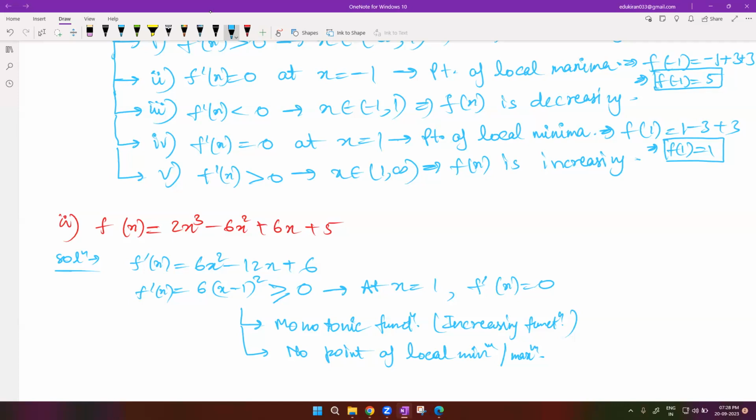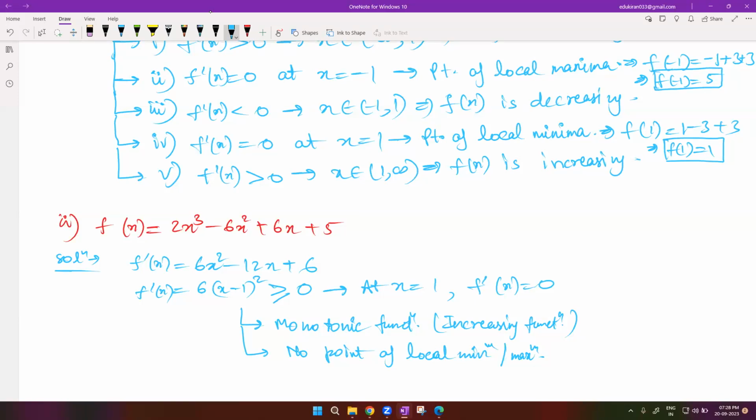So either you can go through the rule or you can go through the logic. The point we want to understand is the sign change of f dash x: whether f dash x is changing its sign or not, and if yes, what are the intervals in which f dash x is changing its sign?